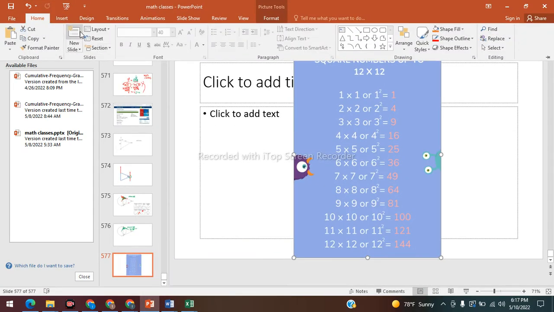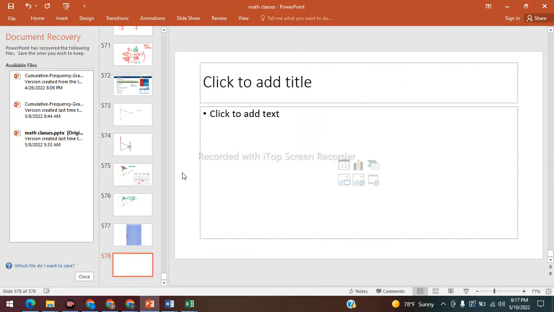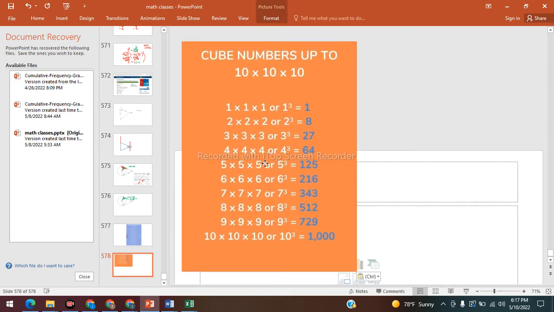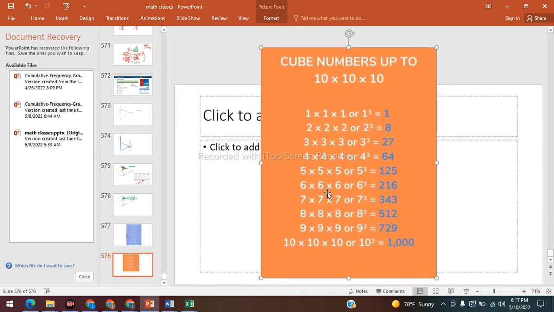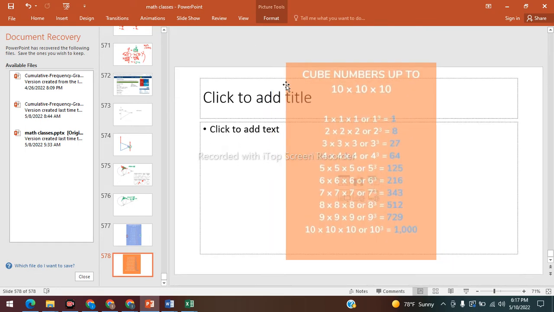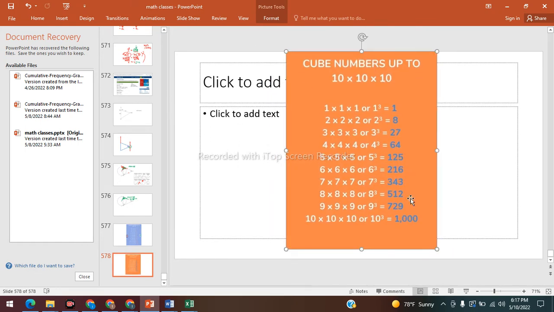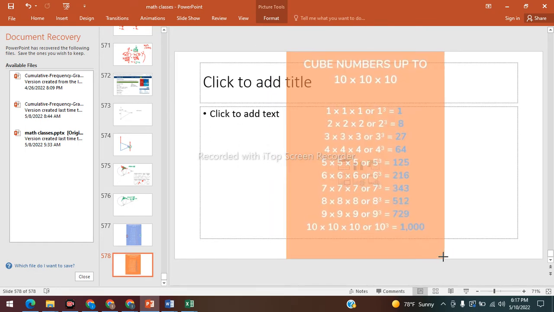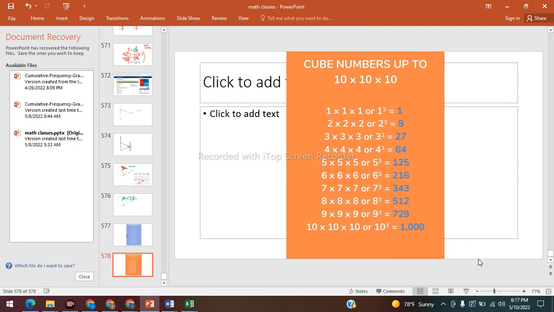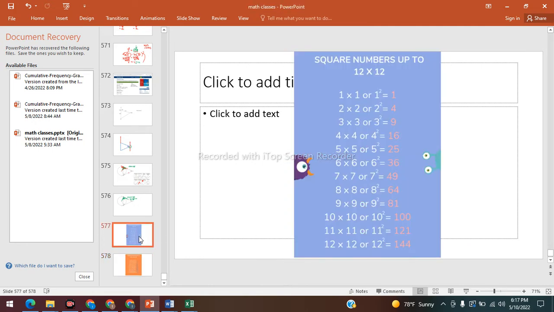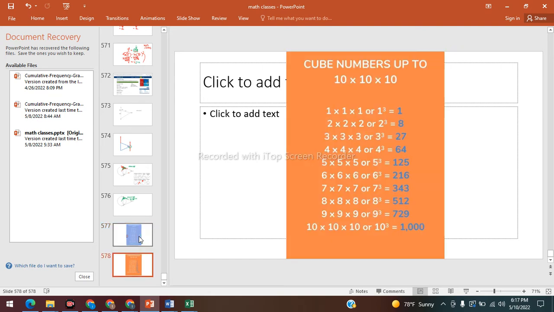They like to test these things: cube numbers, square numbers, factors, multiples, stuff like that. Any questions on cube numbers and square numbers? No, sir. Okay, that's good.